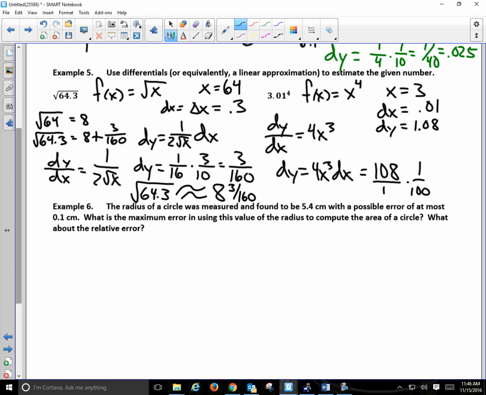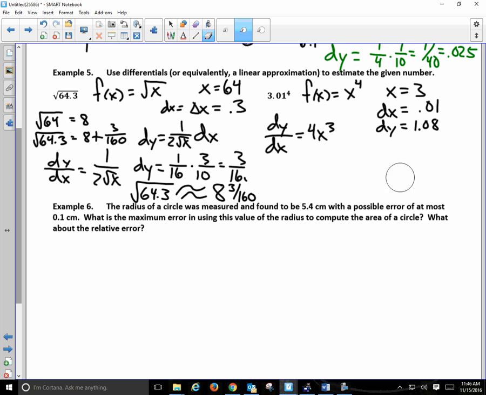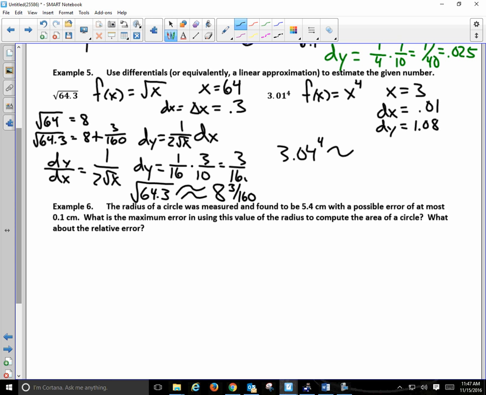So anybody want to estimate? Anybody have an idea of what 3.01 to the fourth power would be? It's not 1.08. I move 1.08 from what? Yeah, what is 3 to the fourth? 81. So I move from 81, I move 1.08, and I get to 82.08.